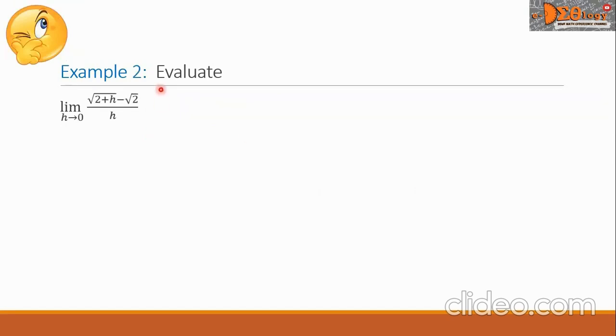Let's have example 2. Evaluate the limit of the square root of the quantity 2 plus h minus the square root of 2, all over h, as h approaches 0.